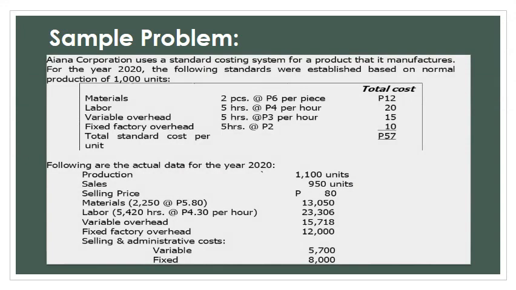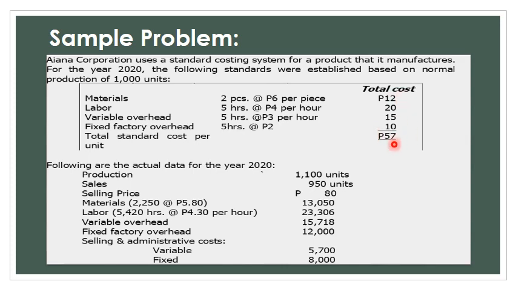So, si Ayana Corporation, gumagamit daw siya ng standard costing system for a product that it manufactures. So for the year 2020, the following standards were established based on normal production of 1,000 units. So ito ang kanyang normal capacity, 1,000 units. And this is the standard cost per piece or per unit ng product.